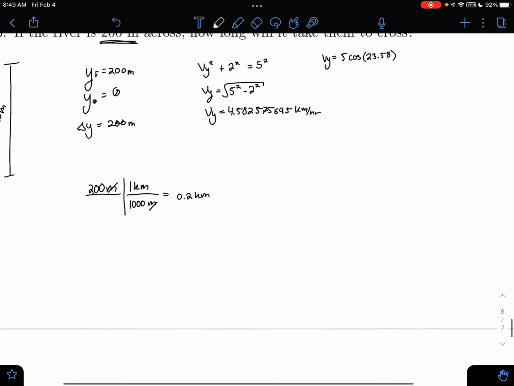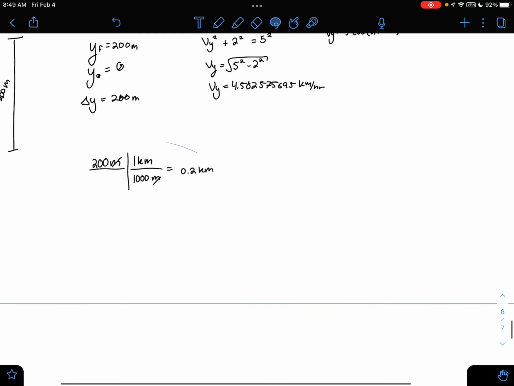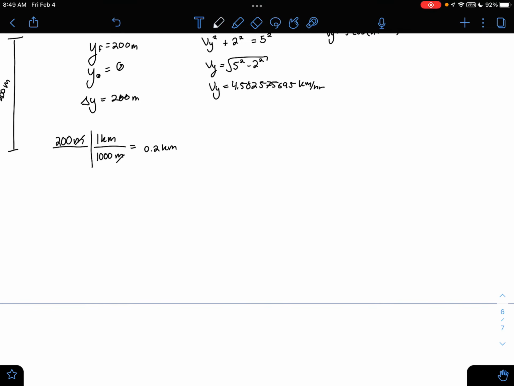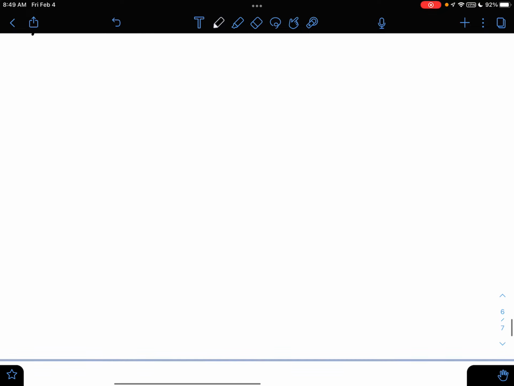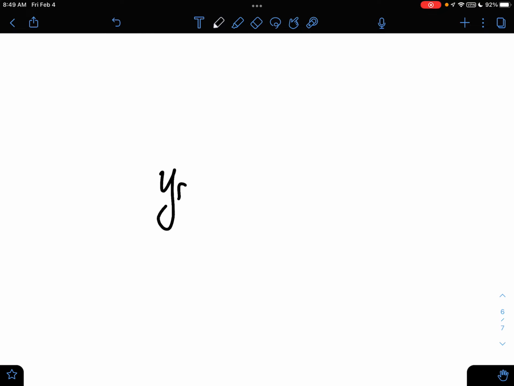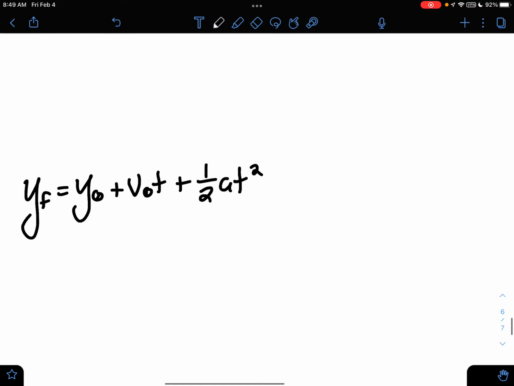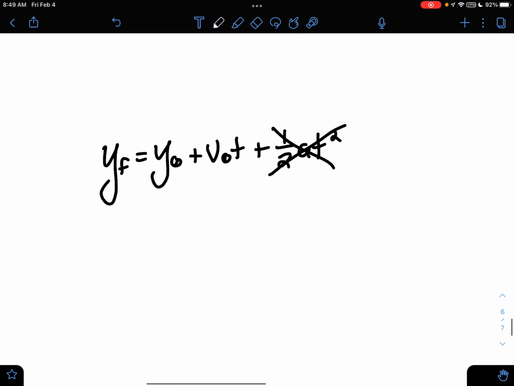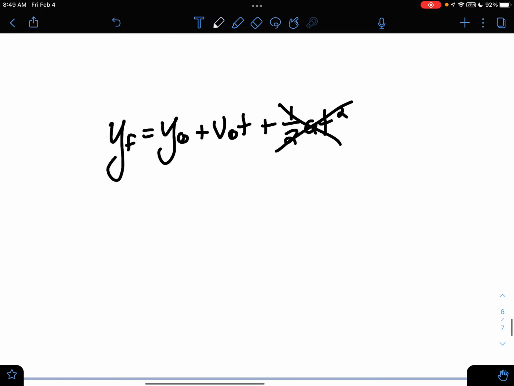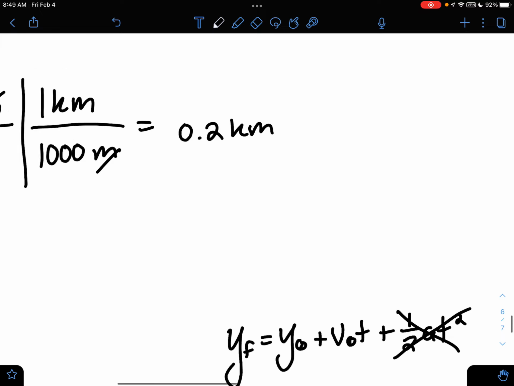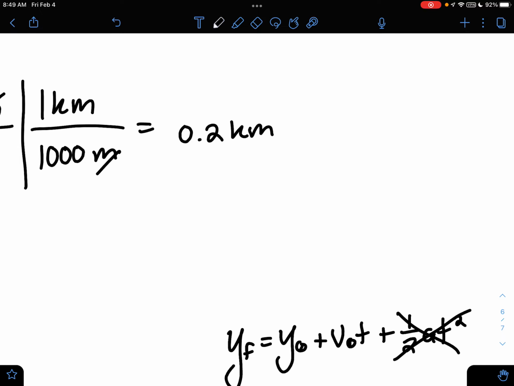We're not accelerating, so we don't have to worry about all of our equations of motion. I mean, or we can, right? So our y final equals our y naught plus v naught t plus 1/2 at squared. Our acceleration is 0, so you can just ignore that. We said our y naught was also 0, and our y final we said was 0.2 kilometers.